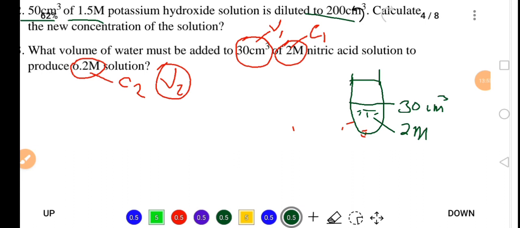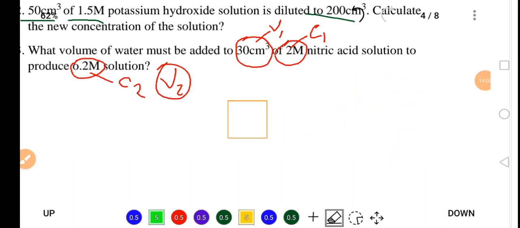So let us do the calculation now. We start.